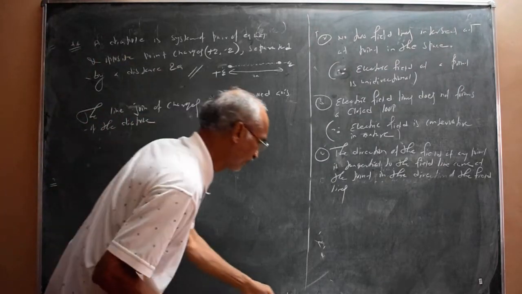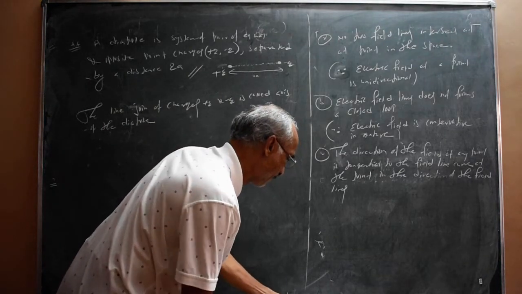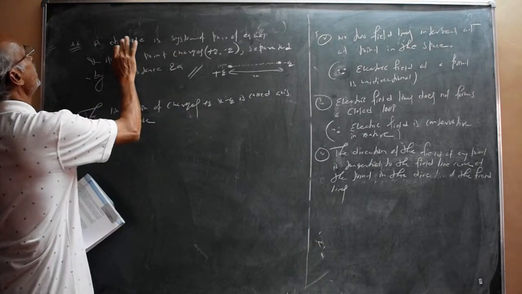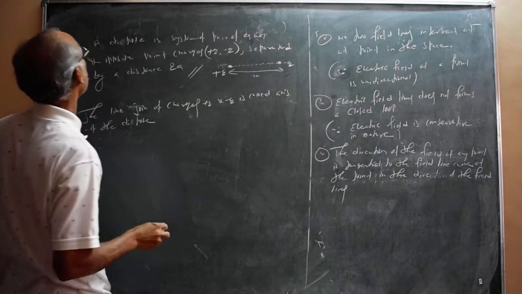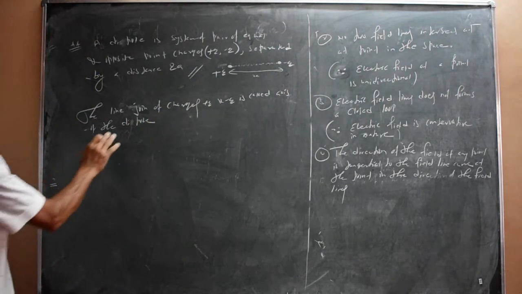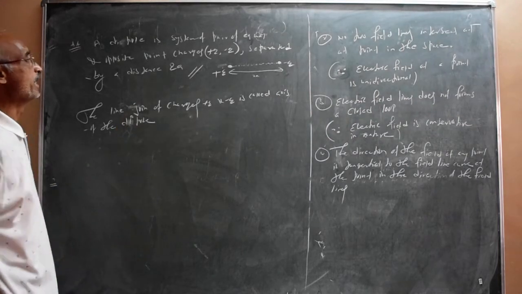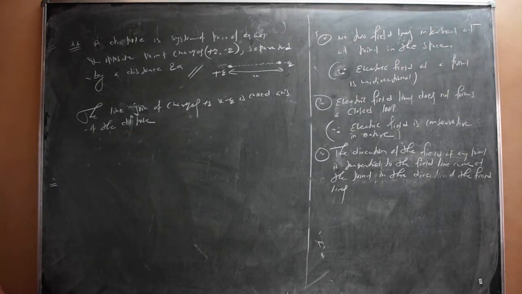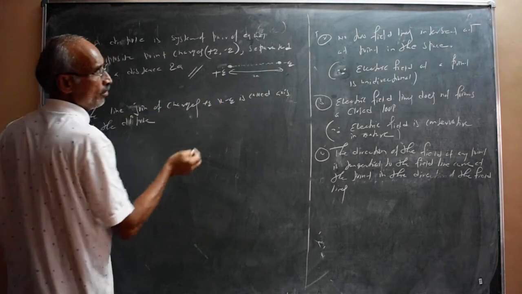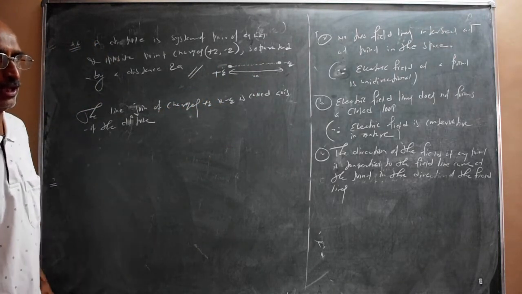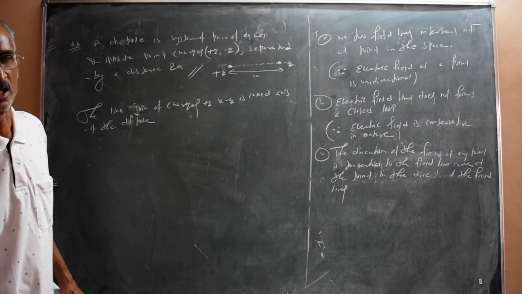Actually, there is no real line joining plus q and minus q. It is an imaginary line; these two charges are not joined by a real line, like a metallic wire.